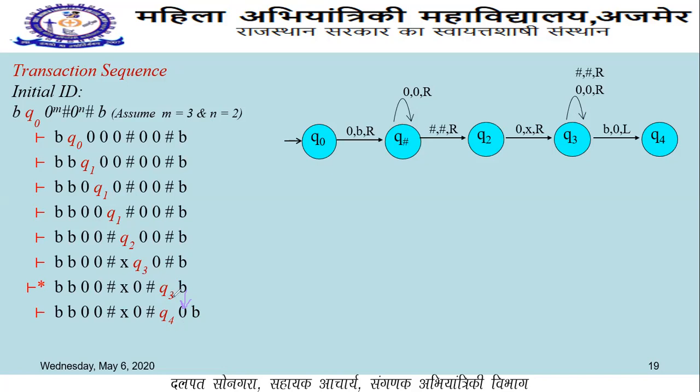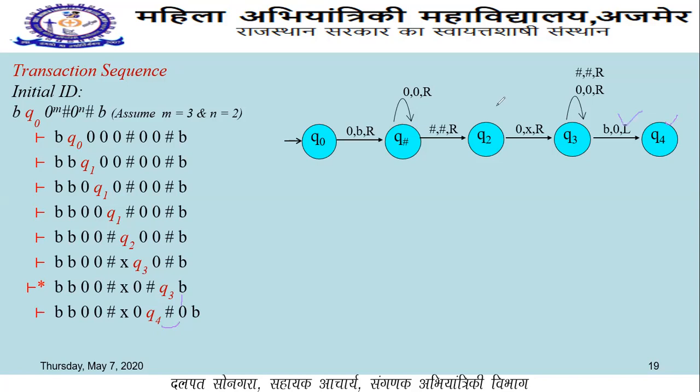So this is a left turn, so this is a hash, not a... this needs to be corrected, please. Okay, I corrected it. So after replacing this blank by 0, we take a left turn and change the state according to this transition function.